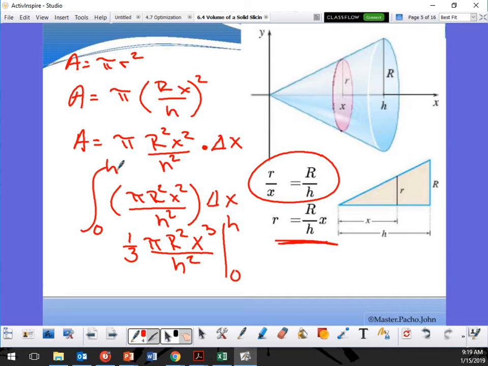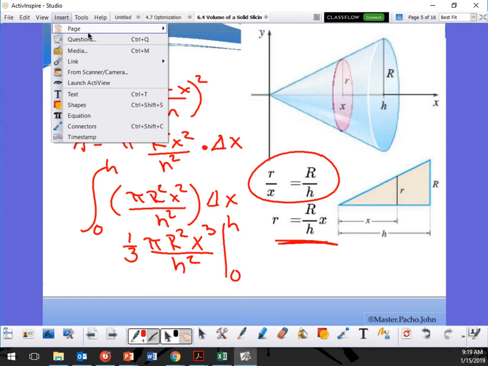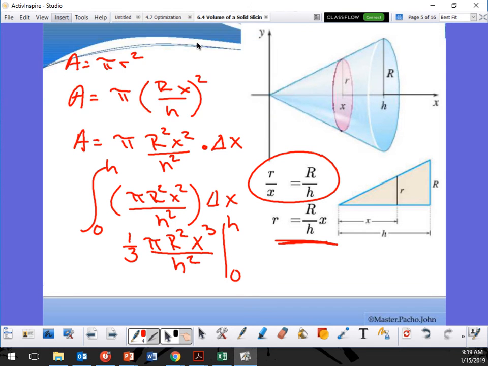Okay, so I think I need the next page on this one. Insert page blank after current. So again, we had from 0 to h. Actually, no, let's go with the other one. So 1/3 r squared x cubed over h cubed, right?